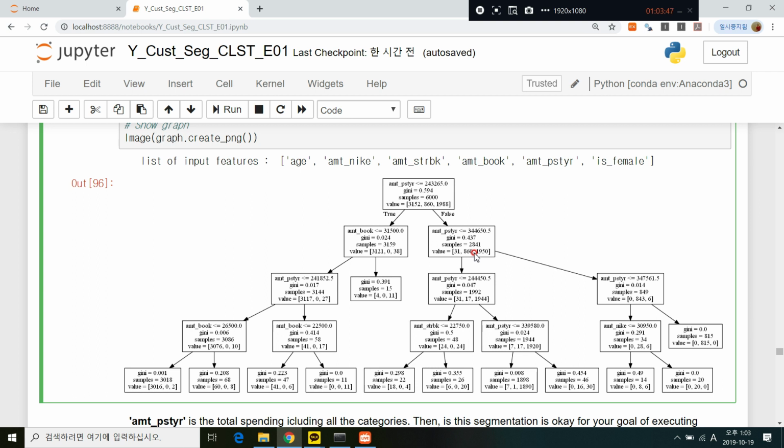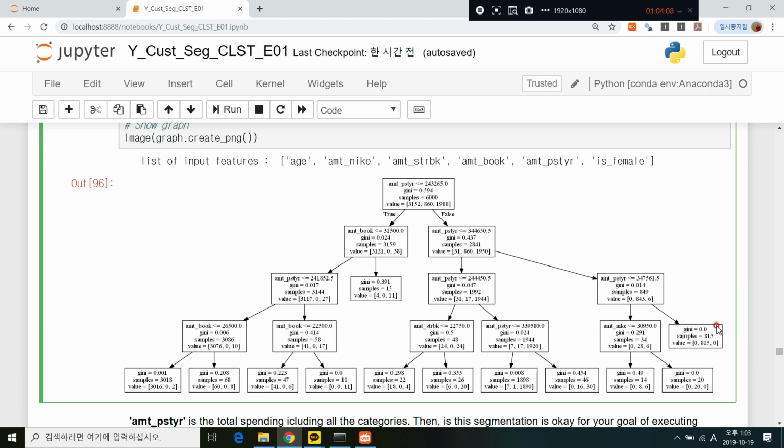In terms of purity, we can call a leaf node or an intermediate node a group of some color. 860, 843, 815.